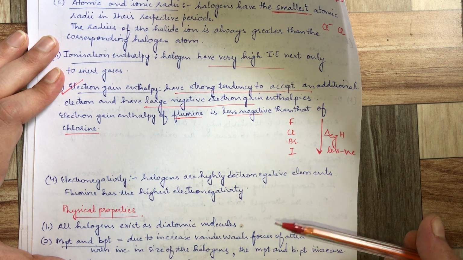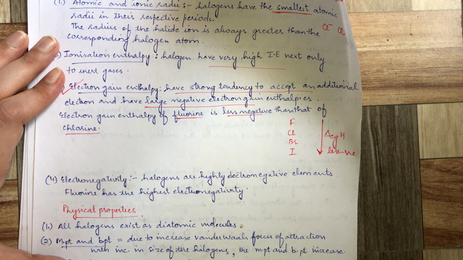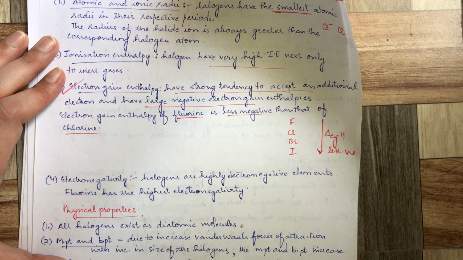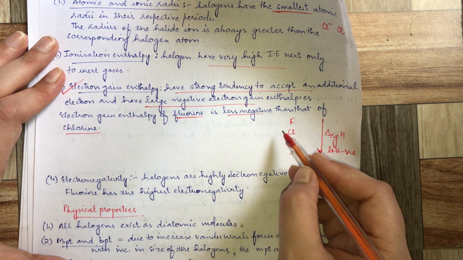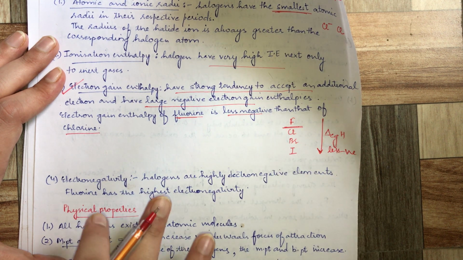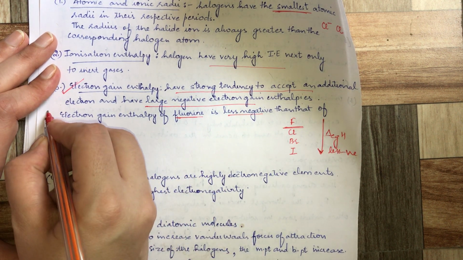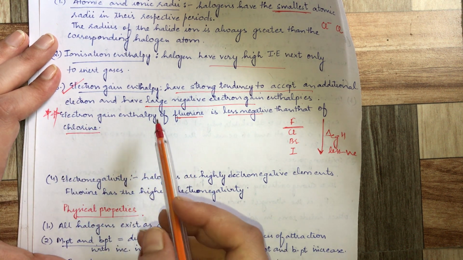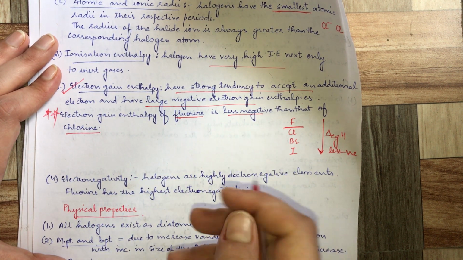It means that as we move down the group, it becomes difficult to receive an electron. According to this, fluorine should have the most negative electron gain enthalpy, but there is an exception to note, that the electron gain enthalpy of fluorine is less negative.